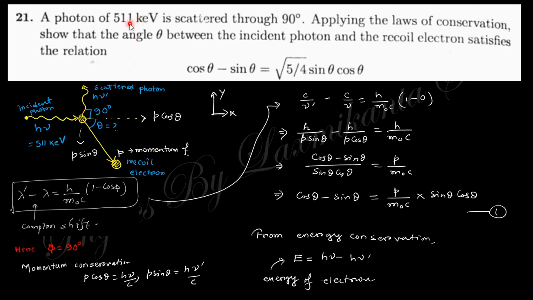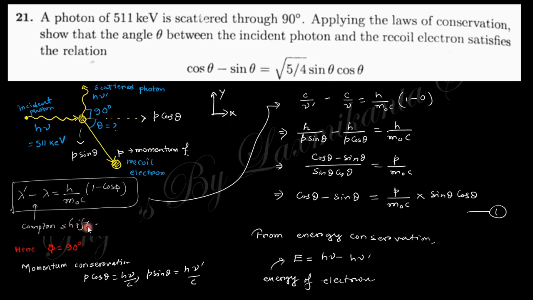Next question says a photon of energy is scattered at angle 90. Applying the law of conservation, the angle theta between the incident photon and the recoil electron satisfies this. Here the angle is 90, and you need to find theta in terms of this relation.